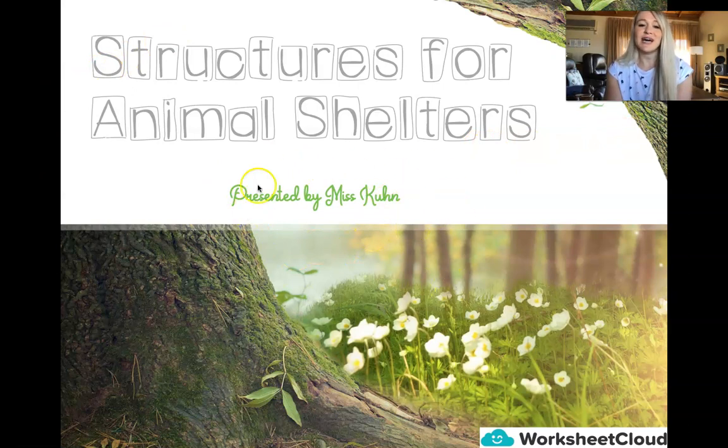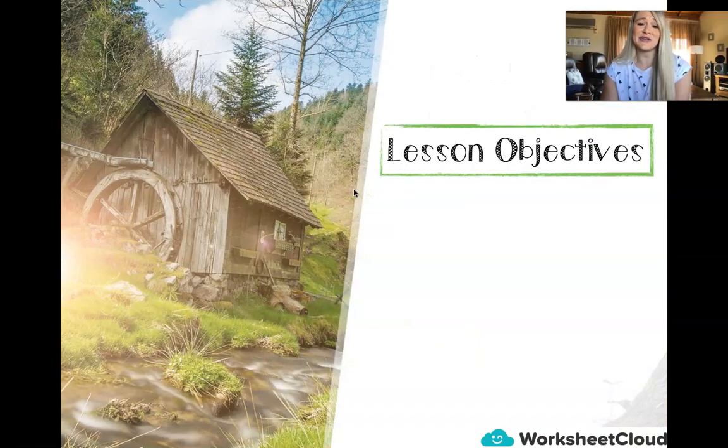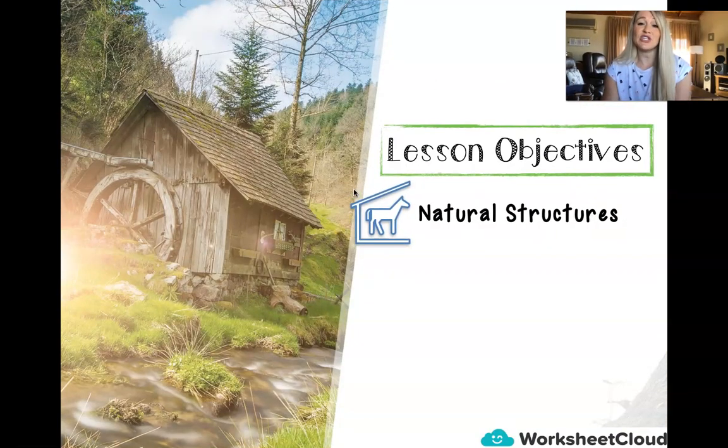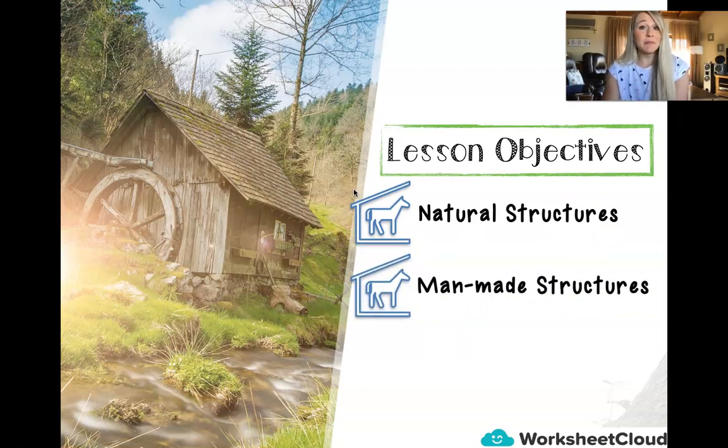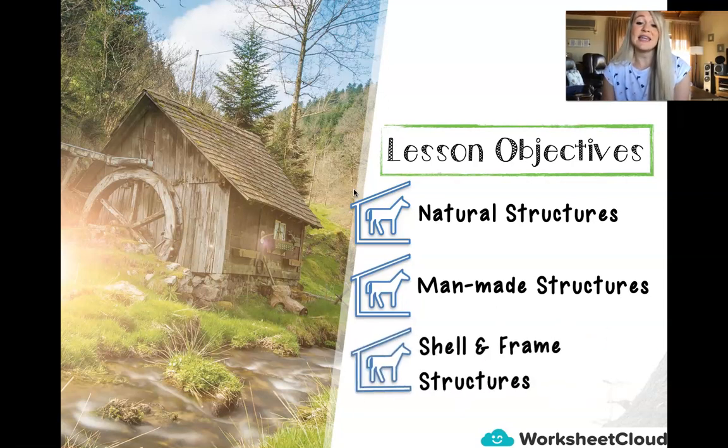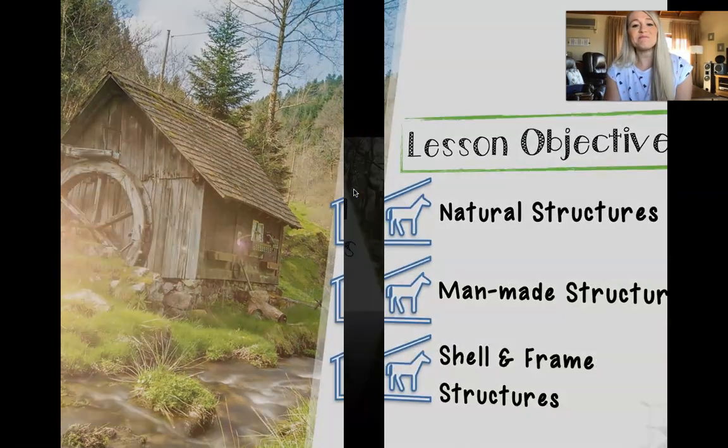Different types of shelters that animals use and the different structures and what they're made of and what they look like and so on. Specifically, we're going to look at natural structures. We are then going to look at man-made structures. And then lastly, we are going to look at the differences between shell and frame structures. So those are the three objectives that we are going to be learning about today.